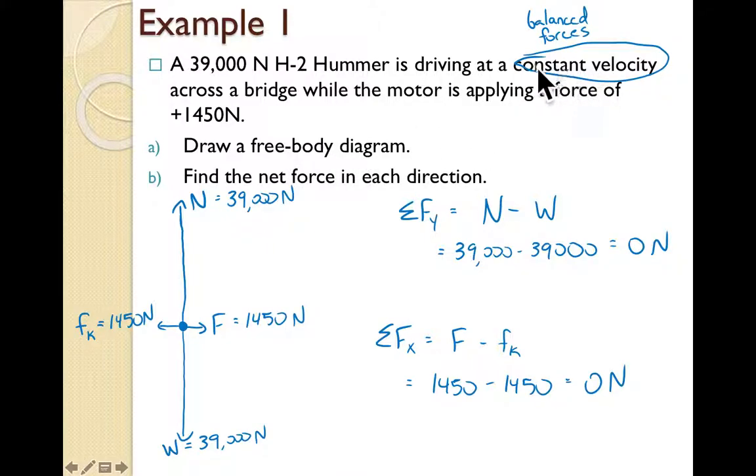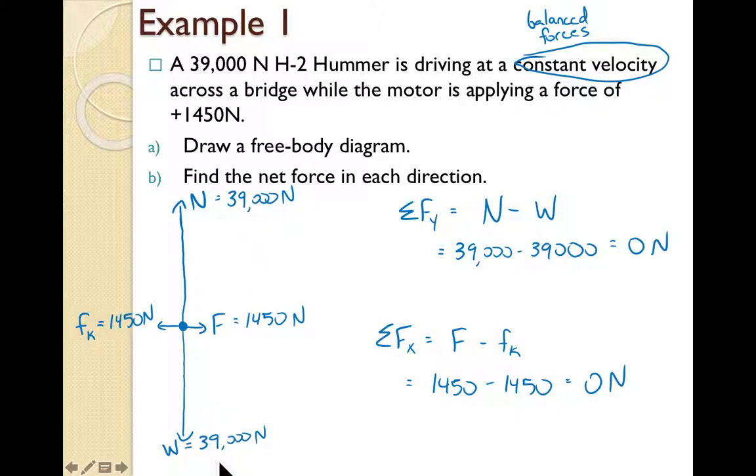Because we have this indicated right here, then we know that the side-to-side forces must be balanced if it's moving at a constant velocity. And it's driving across a bridge, so we assume that bridge is flat and that the bridge supports the weight of the Hummer. So that means the up and down forces should also be balanced.